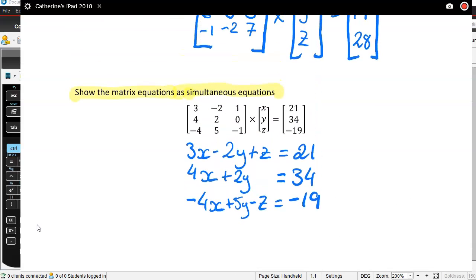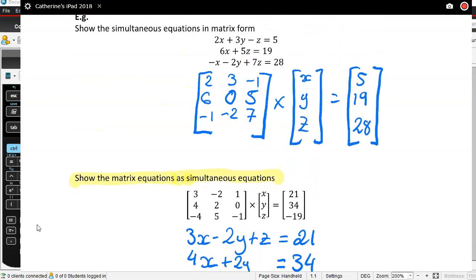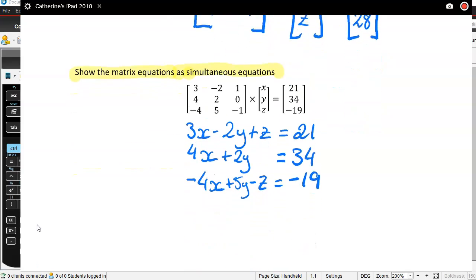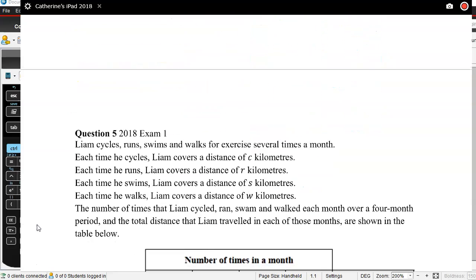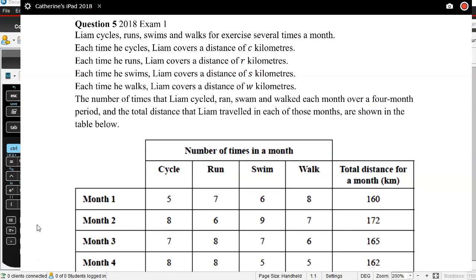Now we can put all of those into our calculator, of course, to solve, and that's where we'll get to with this. Now this is from the 2018 exam 1, question 5, so it's about medium difficulty. So Liam cycles, runs, swims and walks each day.